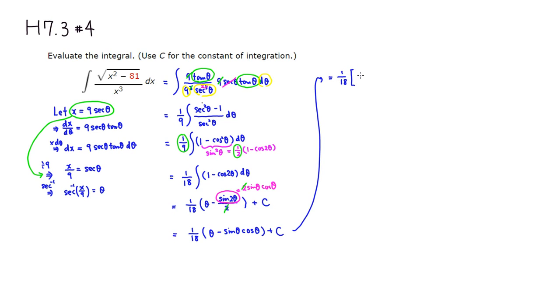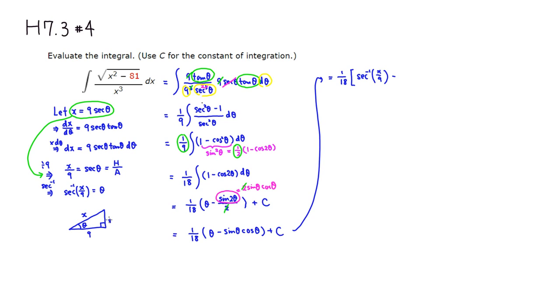Theta is arc secant of x over 9, minus... secant is hypotenuse over adjacent. So if you draw a right triangle, and this is theta, we can set the hypotenuse to be x and the adjacent to be 9.